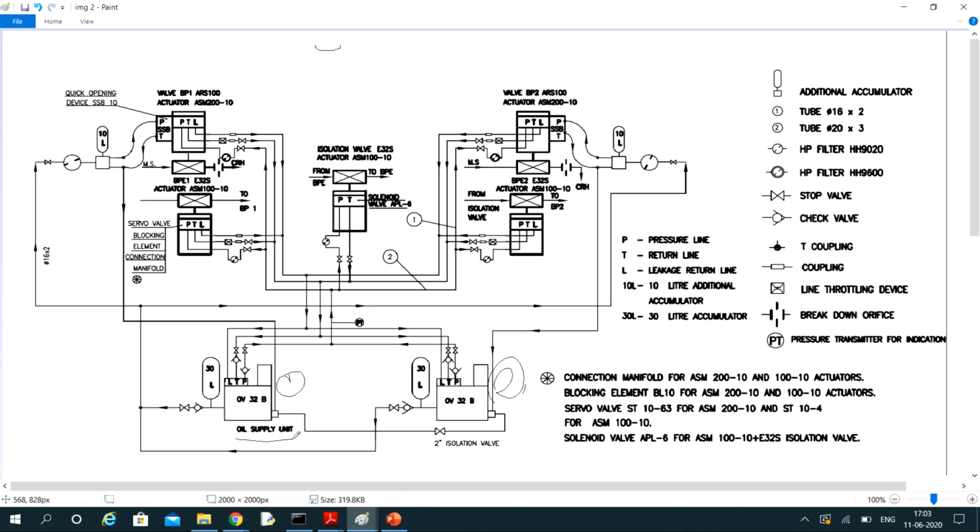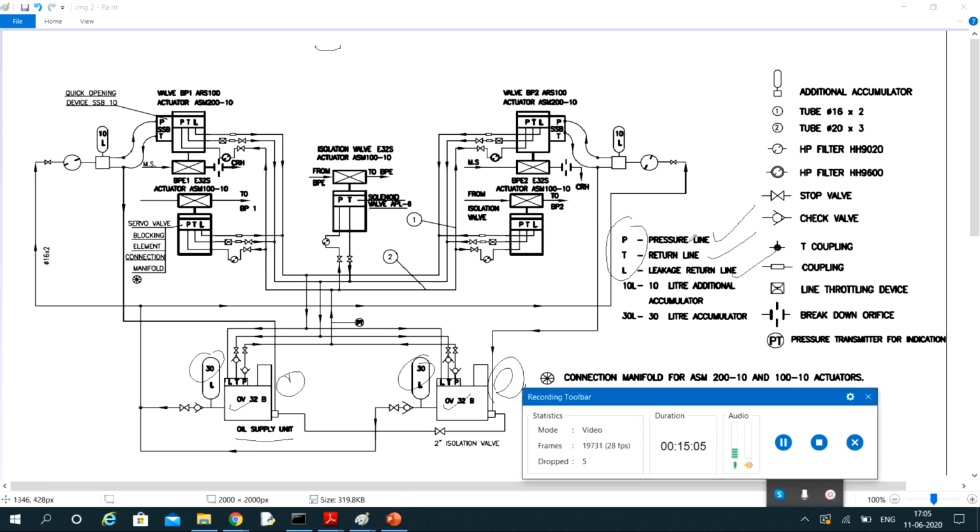The pumps are placed inside the tanks. That is an accumulator, a 30-liter accumulator given to sustain the pressure shocks. Here P is the pressure line, the line through which oil goes. T is a return line and L is a leakage return line.